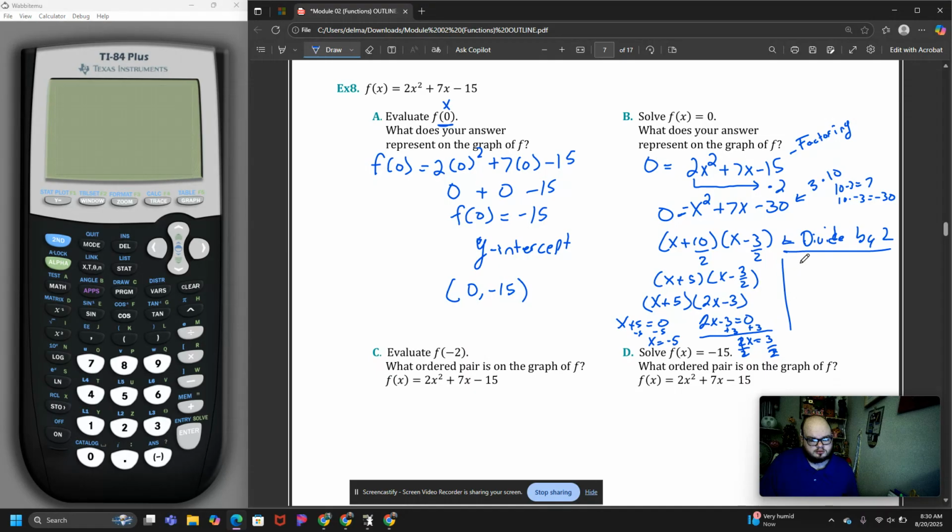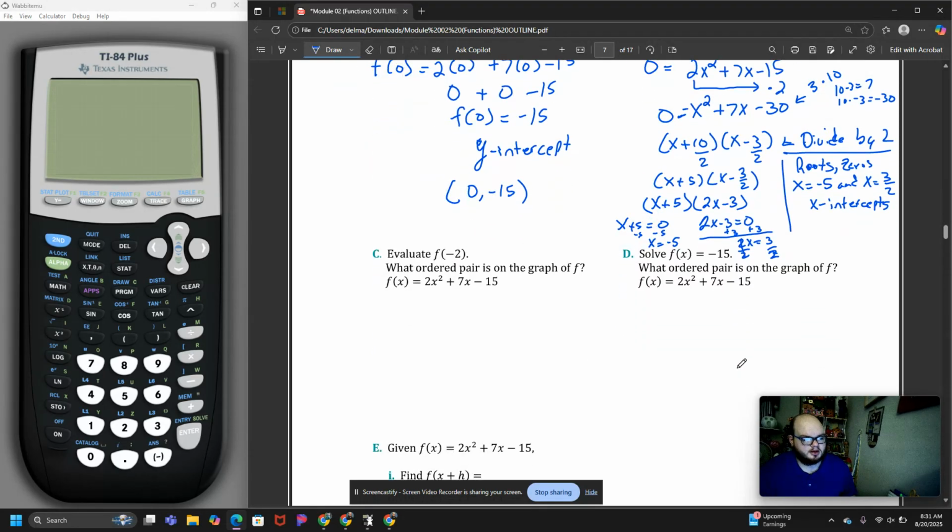So your roots are x equals negative 5 and x equals 3/2. Okay. So those are the roots, the zeros, and what else do we call those? The x-intercepts. 3 names for the same thing. Okay.